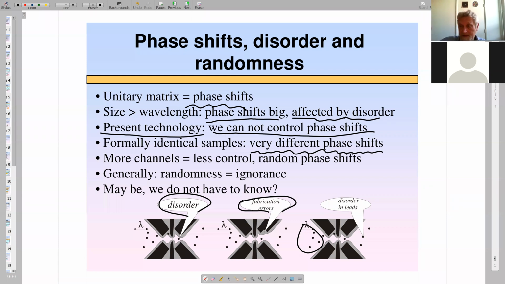And although we could tune everything for a single channel, perhaps for 2 and even for 3 channels, if we add more channels, we have less and less control. Just because the number of phase shifts is too many: one has to control an n by n matrix with n squared elements, so it goes up very quickly.